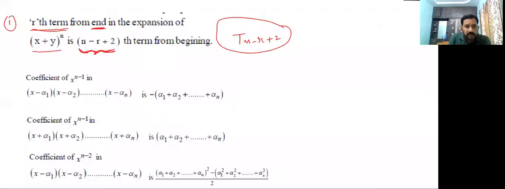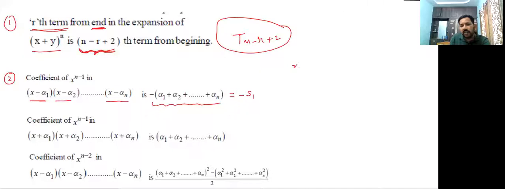This is the next, second formula. The coefficient of x^(n−1) in the expansion of (x − α1)(x − α2) and so on (x − αn) is −(α1 + α2 + and so on + αn). That means here it is −S1, sum of the roots.